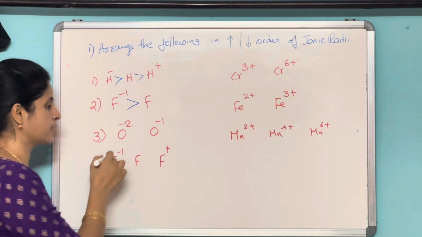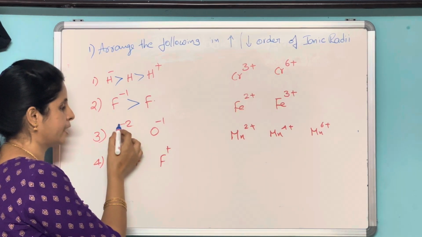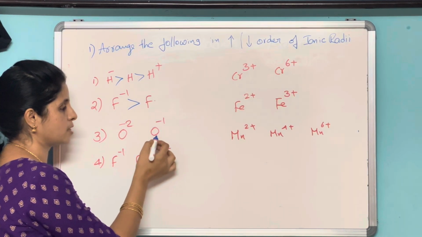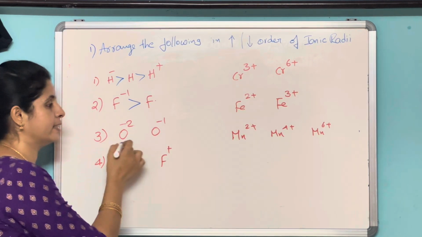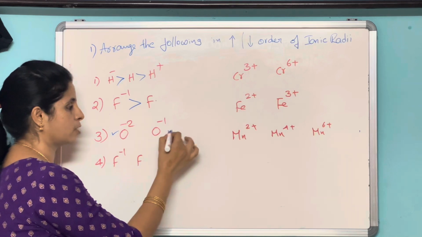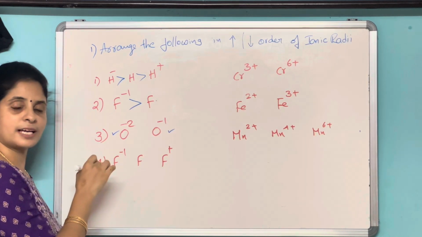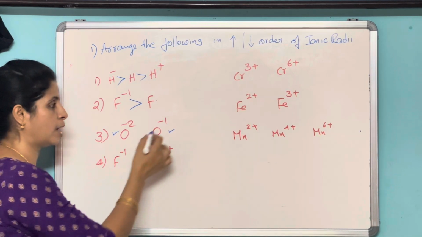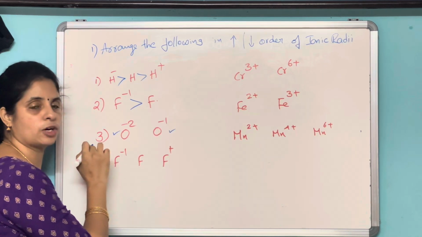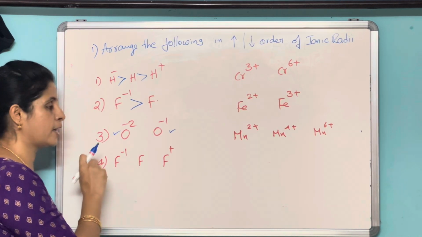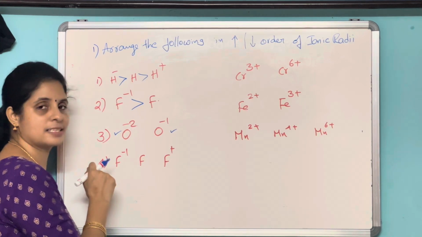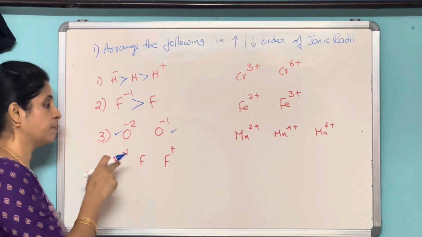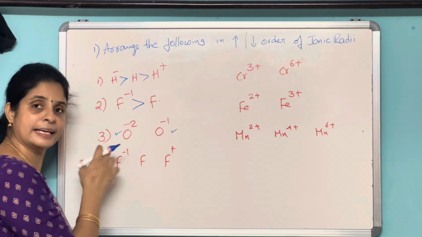If you observe this, the oxygen here is -2 and this oxygen is -1. So 2 electrons are added in this one and 1 electron in the other. Two electrons added means more repulsion when compared to the addition of 1 electron. When there is more repulsion, there is more increase in the ionic radius, because the nuclear charge is the same and the electrons are increasing.